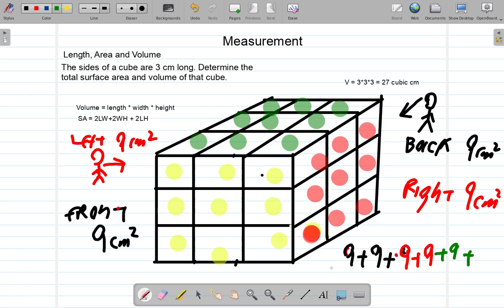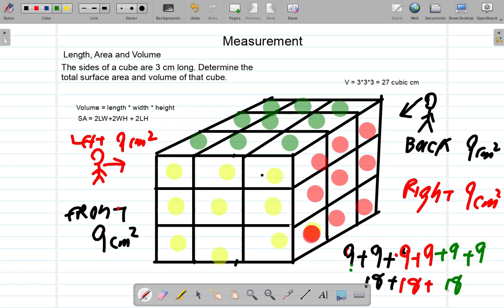If you go below and look up at the bottom of this cube, you would also see 9 square faces, 9 centimeters squared. Now 9 plus 9, that's 18. So we have 18 plus, then this 9 plus 9 is another 18 plus, then this other 9 plus 9 is another 18. All right?